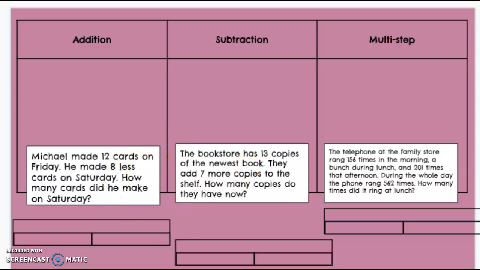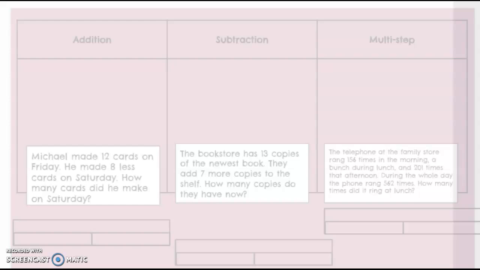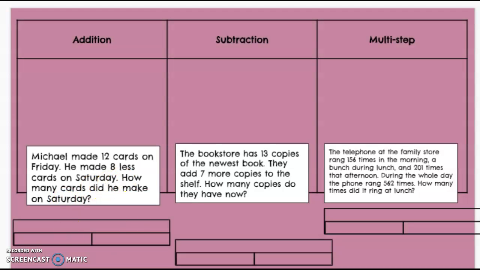Okay, let's start plugging this in. How many cards did he make on Saturday? I want to figure out how many were made on Saturday. I'm going to start plugging this into my strip diagram and we're going to see if it makes sense, okay?